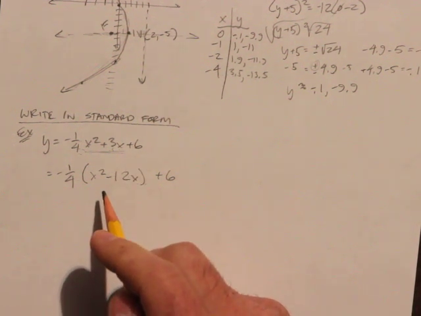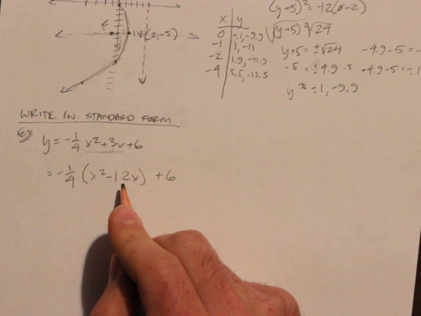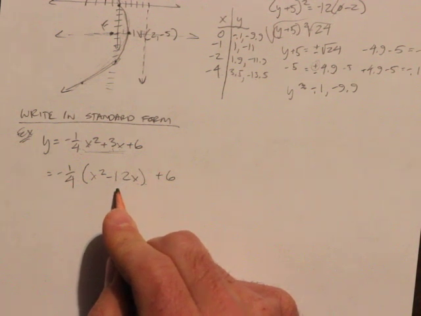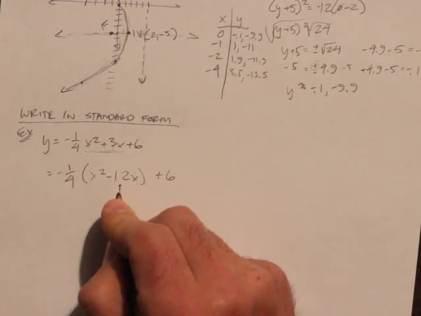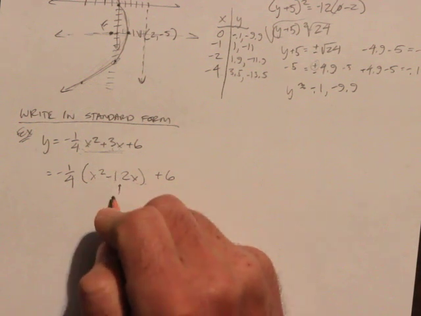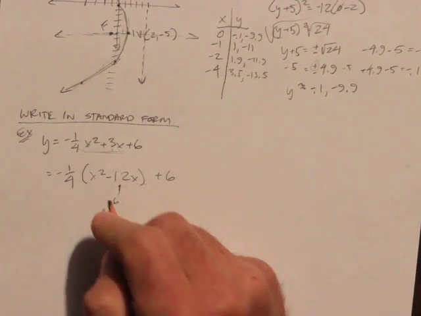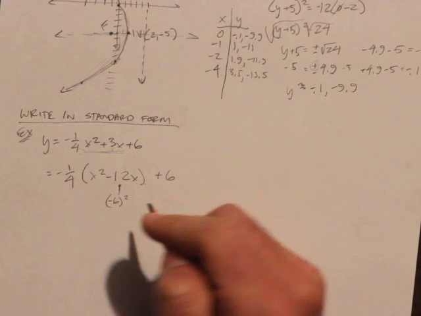Now what I need to do is find half of negative 12. Half of negative 12 is negative 6. And then I need to square that.